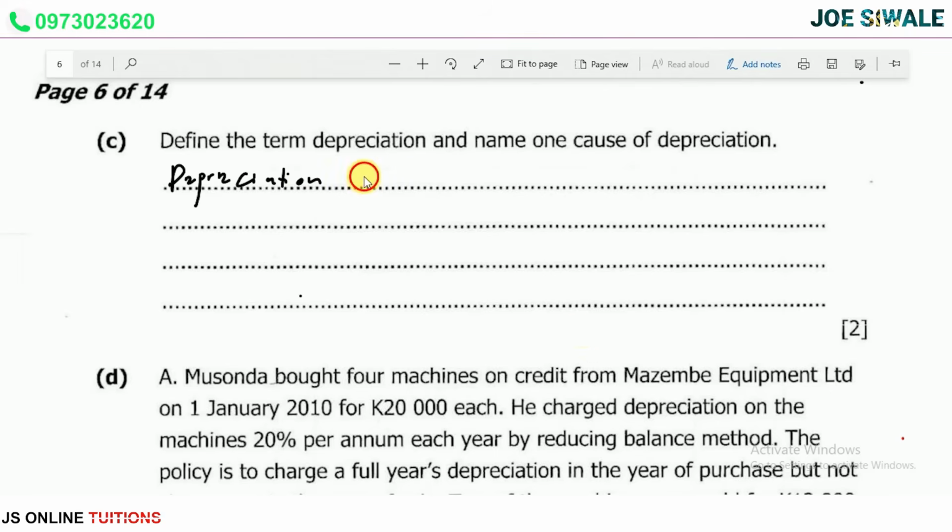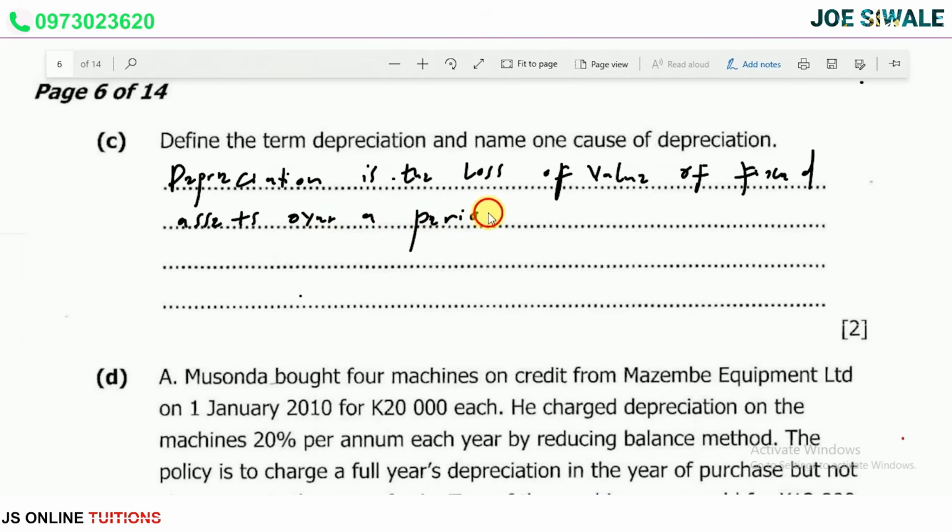Depreciation is the loss of value of fixed assets over a period of time. So that's the definition of depreciation.